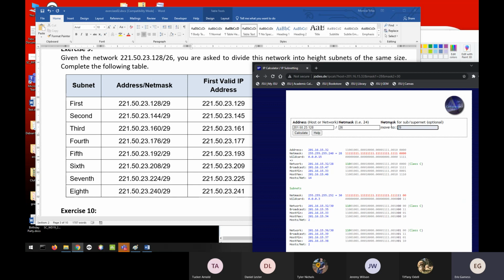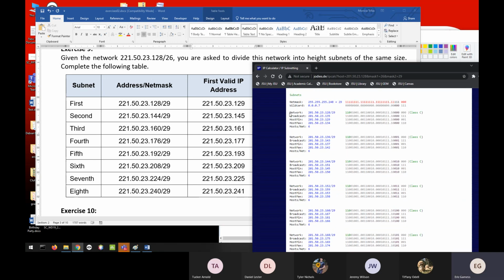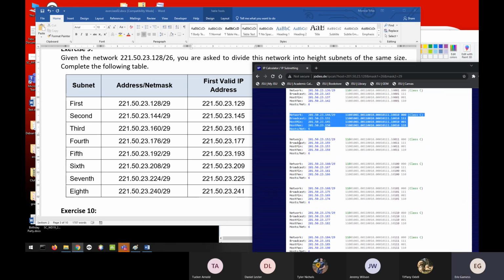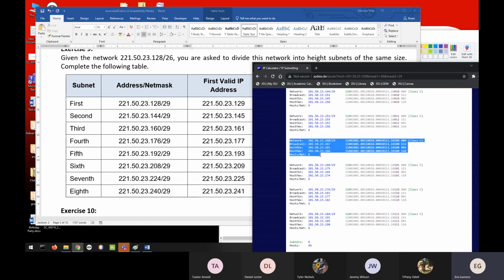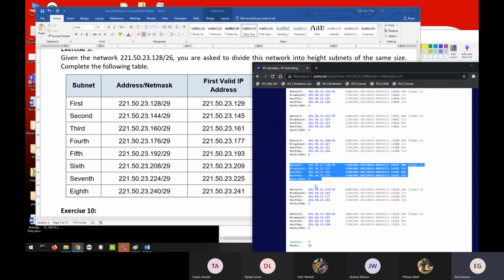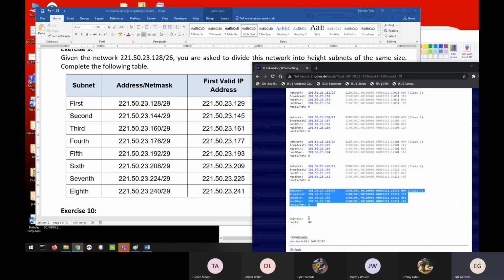Calculate. So look, let's count the number of subnets. 1 subnet, 2, 3, 4, 5, 6, 7, 8. By the way, it says here 8 subnets.